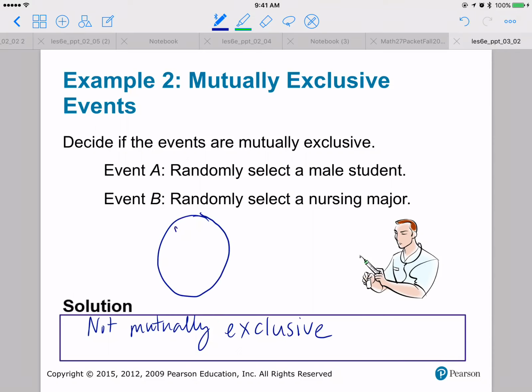So these are male students. And B is selecting nursing majors. You have some male nursing majors, right? So there is an overlap. You can be a nursing major and also be a male student. So we are not mutually exclusive.